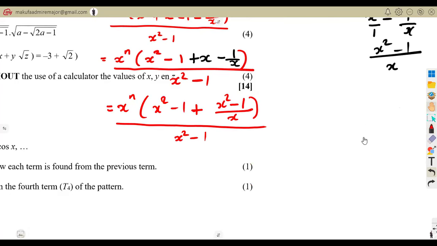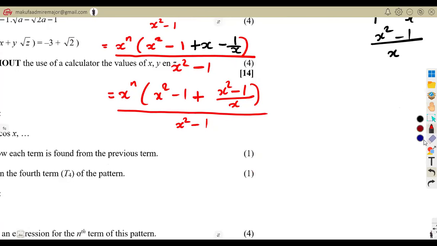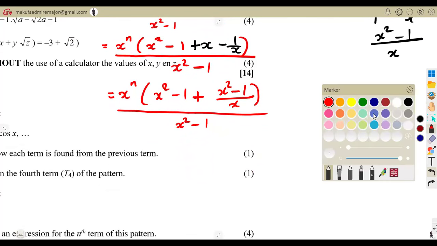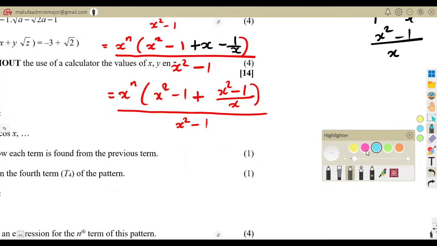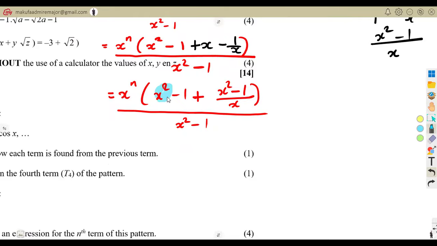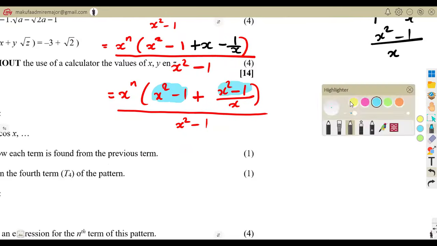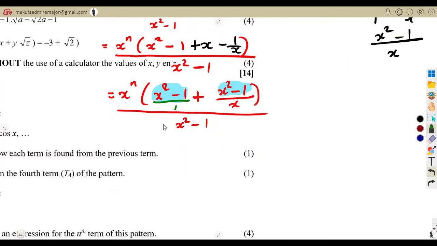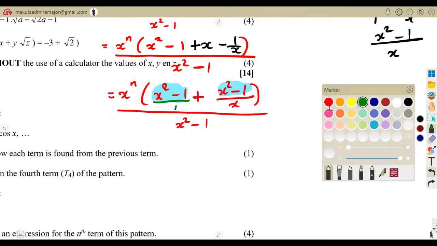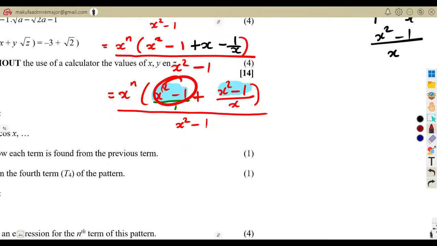Looking at this, we can see that the x squared minus 1 is common and it can be factored out. Guys, this one is the same as over 1. So we can factor out the x squared minus 1 that we see here, just like how we factored out x to the exponent of n.